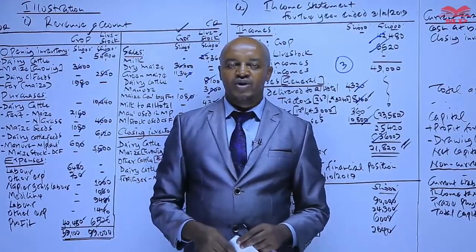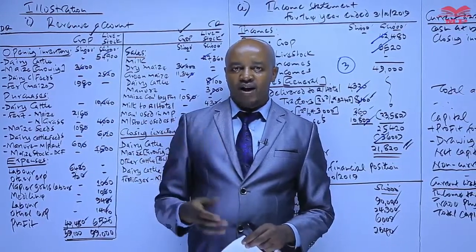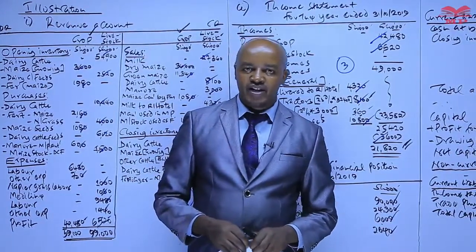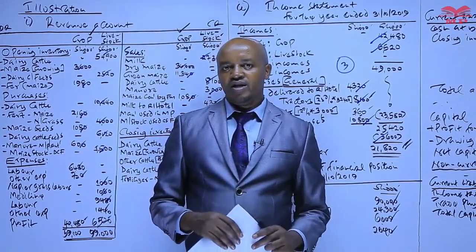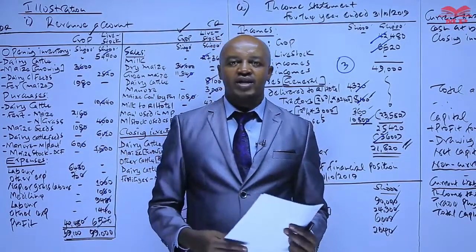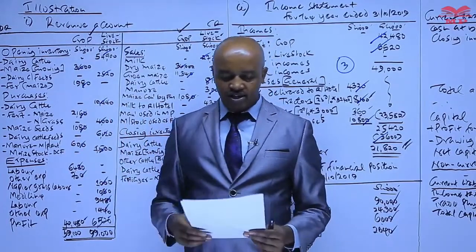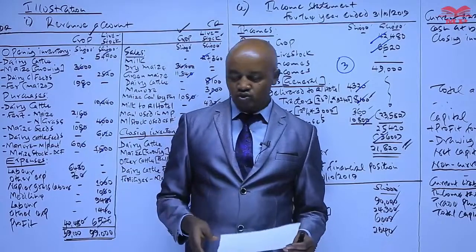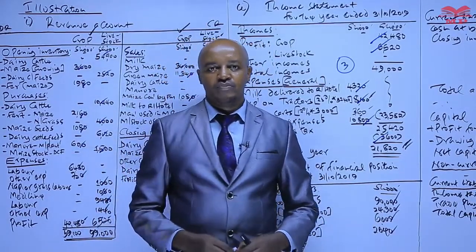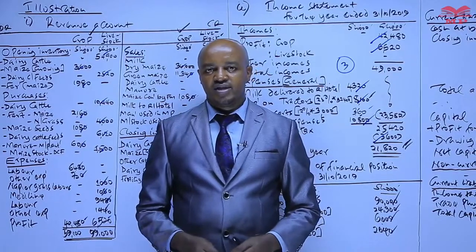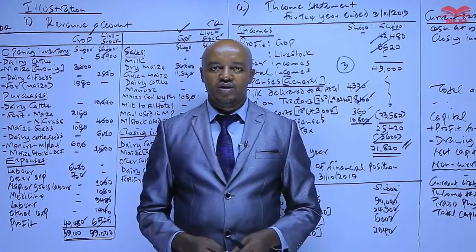We have discussed what is a biological asset, the recognition criteria, the initial and subsequent measurement, and also we have looked at the financial statements prepared by an entity or a company involved in farming or agriculture activities. Equally, you have looked at an illustration, and also there is another question which I've given as an assignment. Make sure you attempt that question. So we stop at that point. See you in the next class as we discuss the next subtopic.